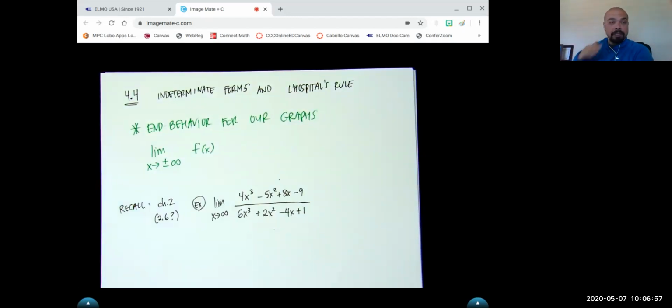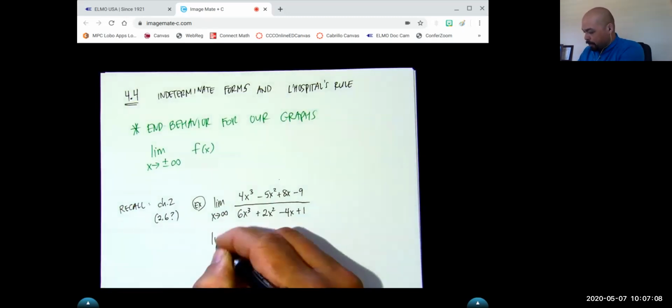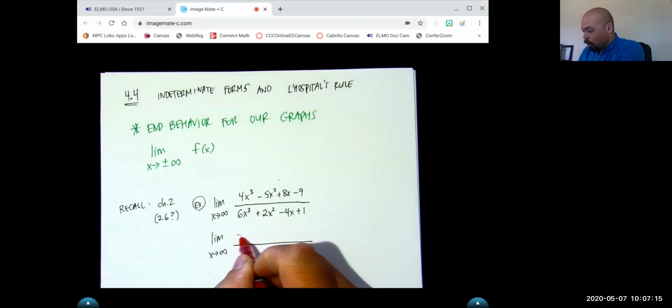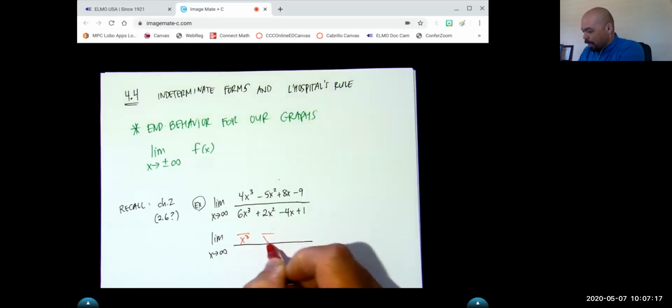That was our pre-calculus discussion, and what allows us to take that shortcut, that quick calculation, is that we would take that problem, recall, and divide all those terms by the highest power of x we had.